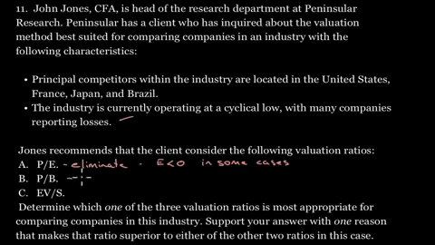Price to book. What do we want to do with that? Well, we're going to eliminate that one as well. Number one, these are going concerns, so price to book probably doesn't appear appropriate. But we're not told what industry it is. Maybe the price to book ratio is the appropriate ratio to use in that particular industry.